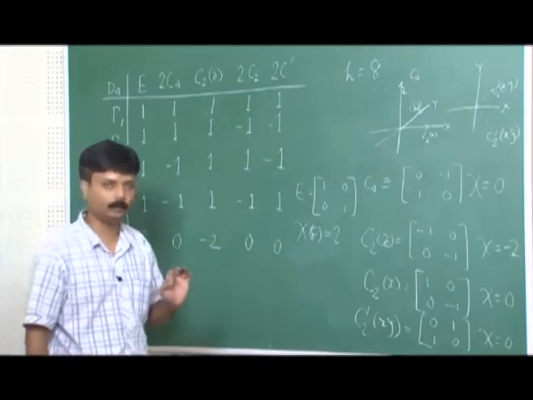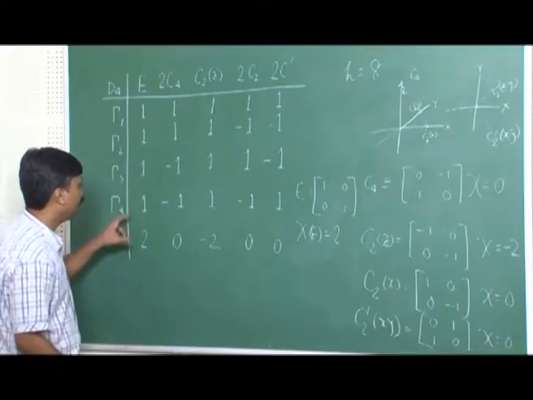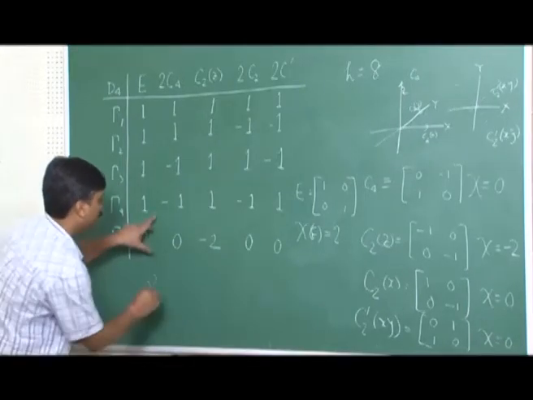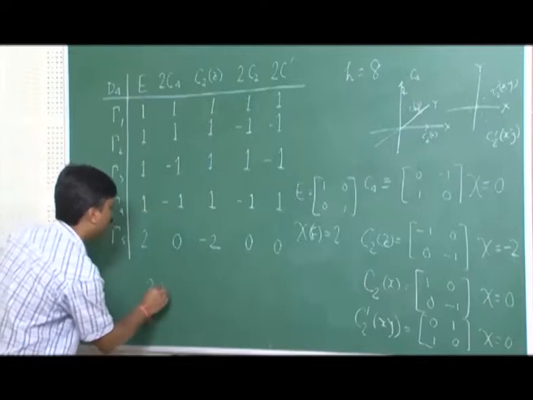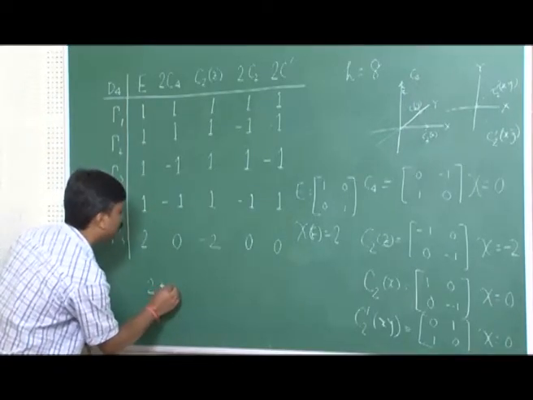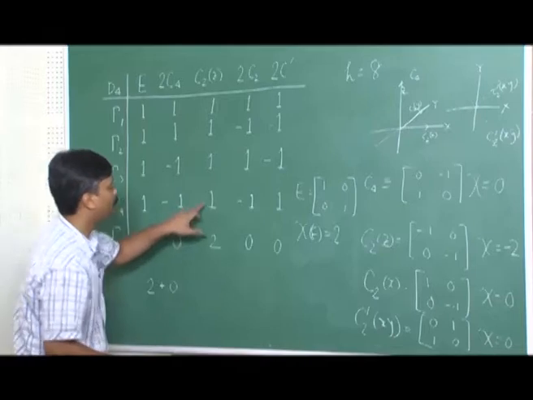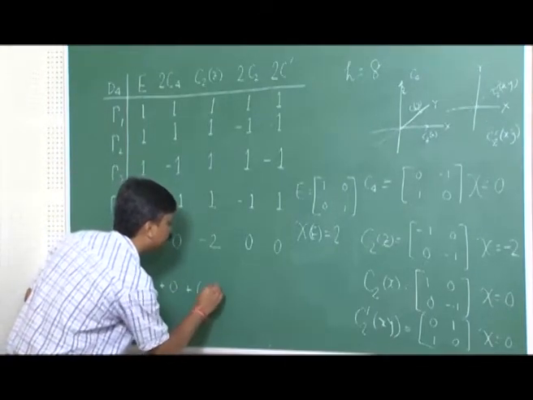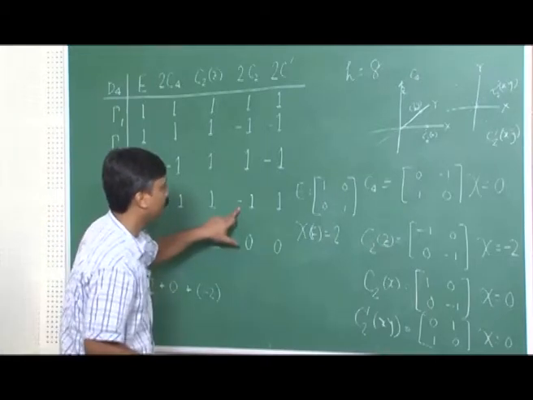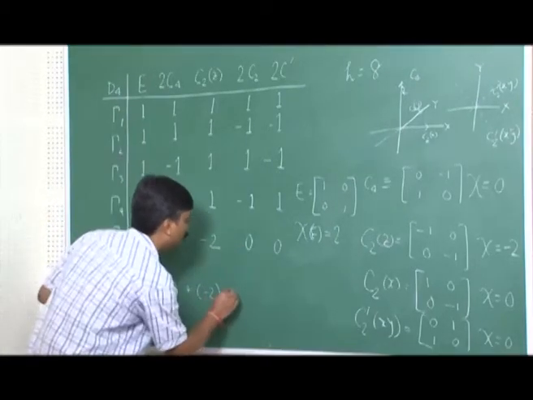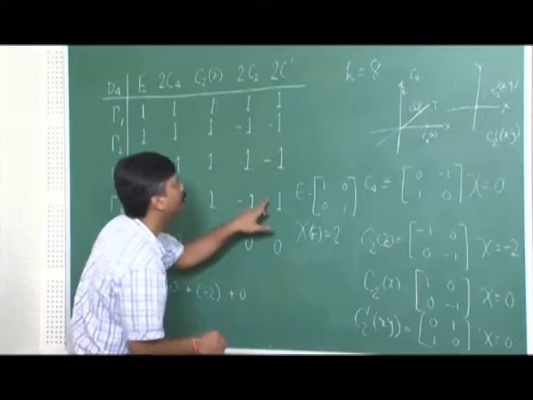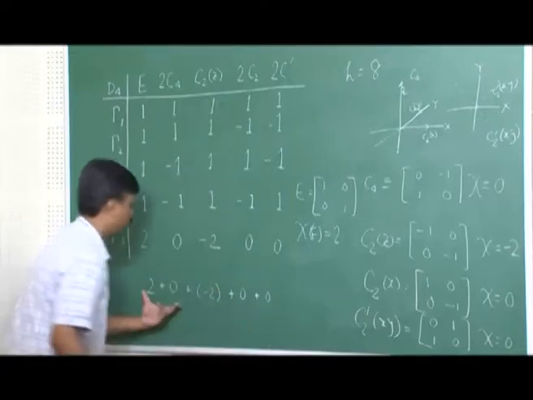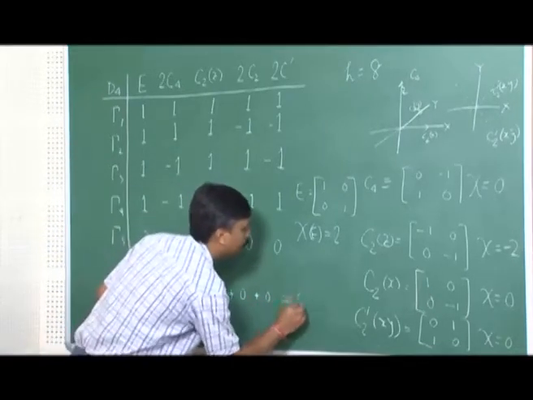If I do that, then we have 2 into 1 equals 2, plus 0 into -1 into 2 equals 0, then 1 into -2 equals -2, and then 2 into -1 into 0 equals 0, and again 2 into 1 into 0 equals 0. So ultimately we have 0.